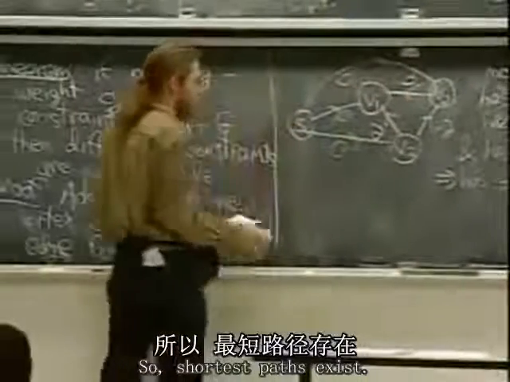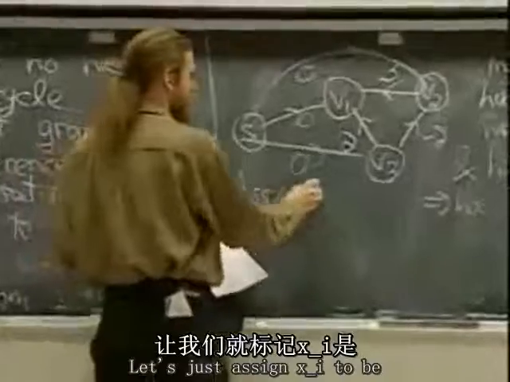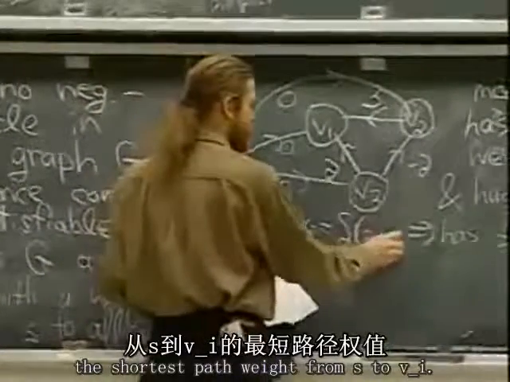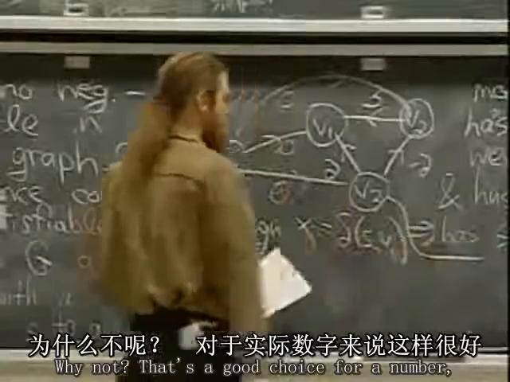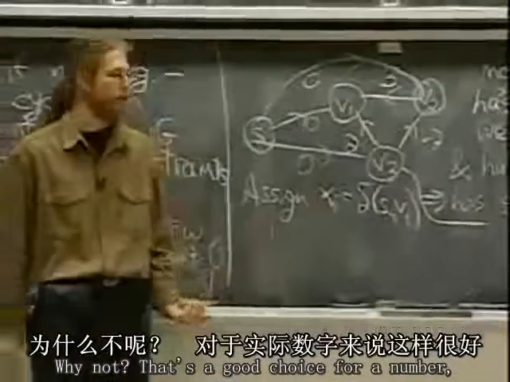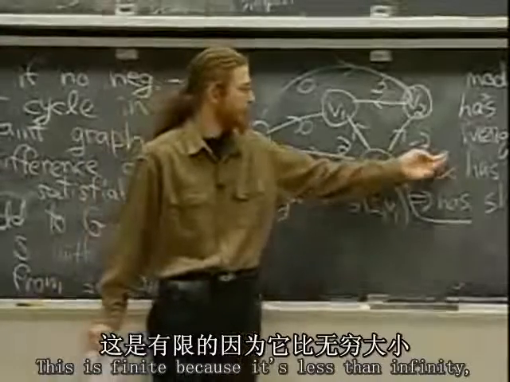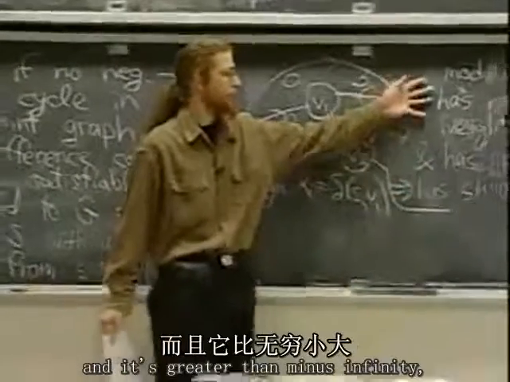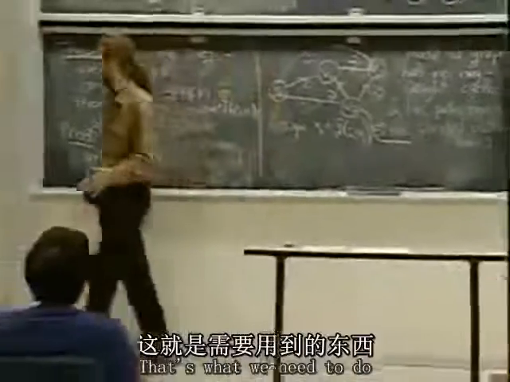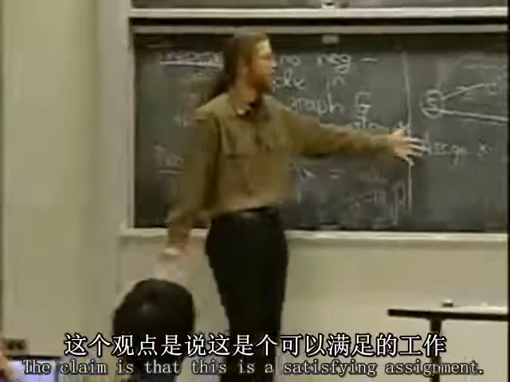So shortest paths exist. Let's just assign xi to be the shortest path weight from S to vi. Why not? That's a good choice for a number. This is finite because it's less than infinity and it's greater than minus infinity. So some finite number, that's what we need to do in order to satisfy these constraints. The claim is that this is a satisfying assignment.